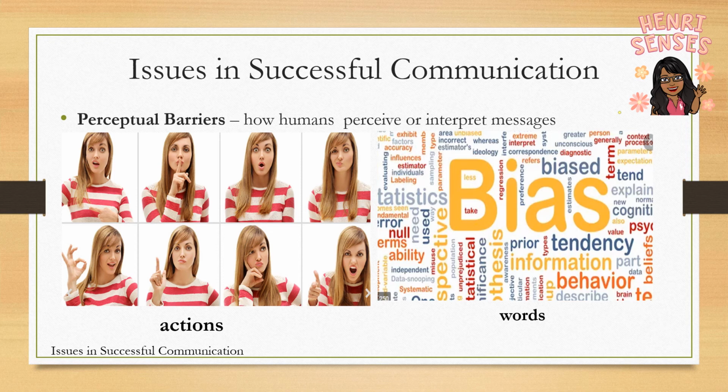For example, if there's a message or a poster, the way you interpret it is based on your background, and another person's interpretation should also differ. If you have different interpretations of one message, that is also a possible cause of misunderstanding.